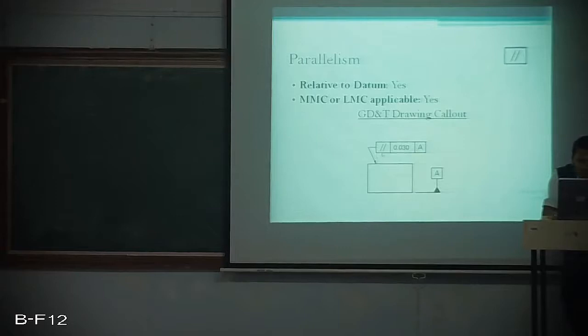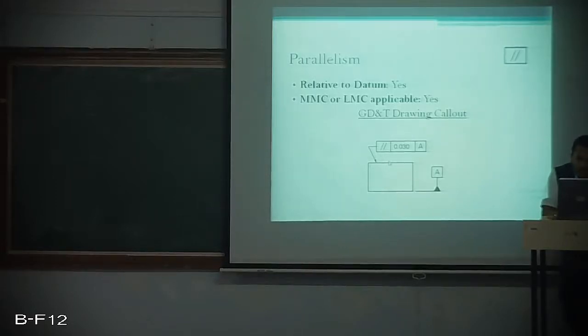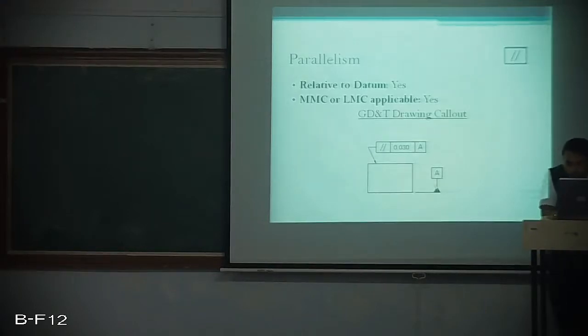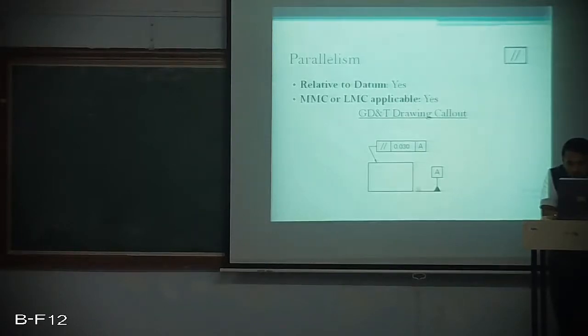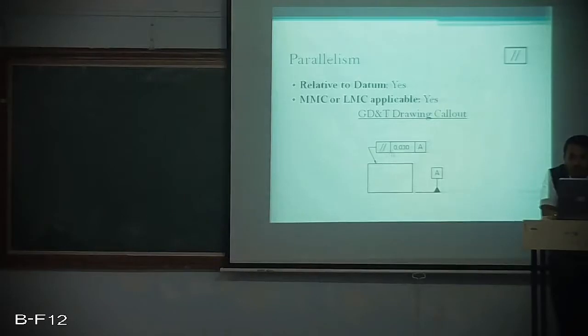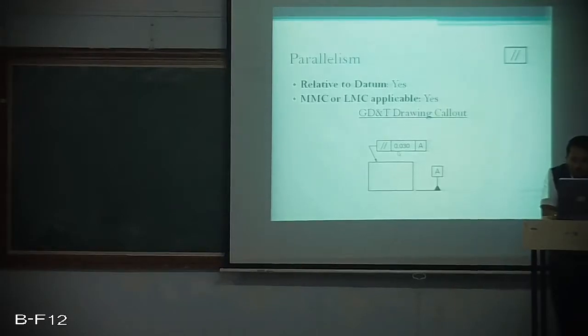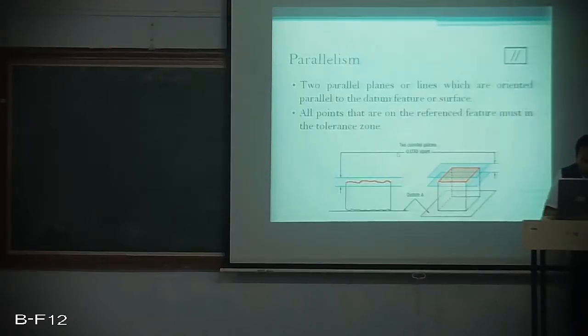So here this parallelism means we want this surface parallel to this surface, because this surface I have made as a datum A. Hence, this surface has to be parallel with this surface. That is what it is indicated over here within a tolerance of 0.030.